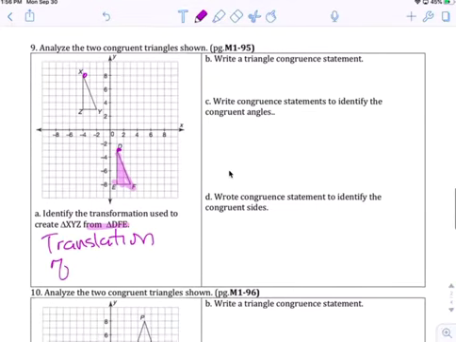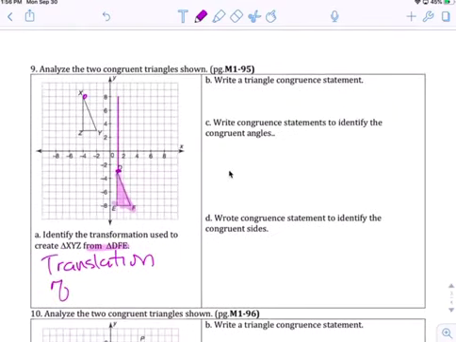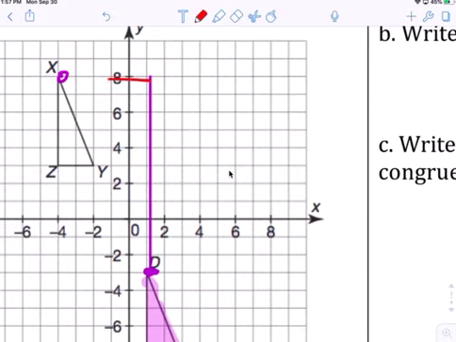of, let's see, from D to X. 2, 4. Right? Oops. 6, 8, 10, 11. Up 11. And over 5.